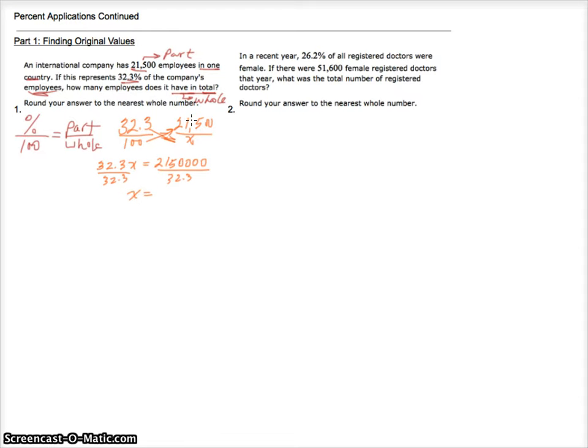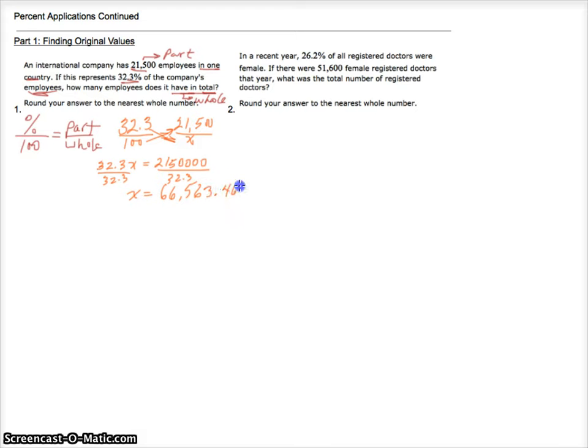And x is going to equal 66,536.563, excuse me, 0.4675.